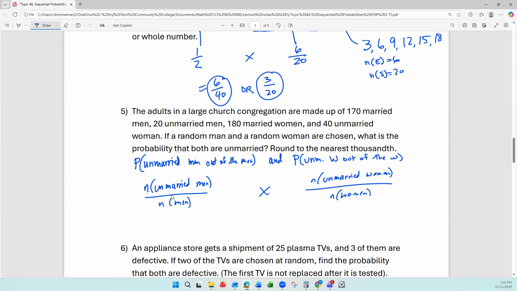So there is, let's see, 20 unmarried men, 170 plus 20 men altogether. So that's 20 over 190. There are 40 unmarried women, 180 plus 40 women total. So that's 40 out of 220. Those two get multiplied together for the final result.